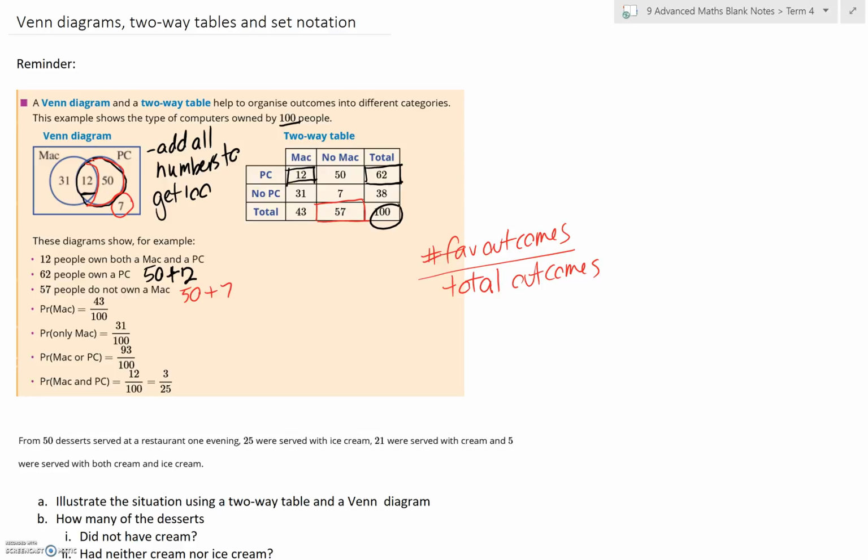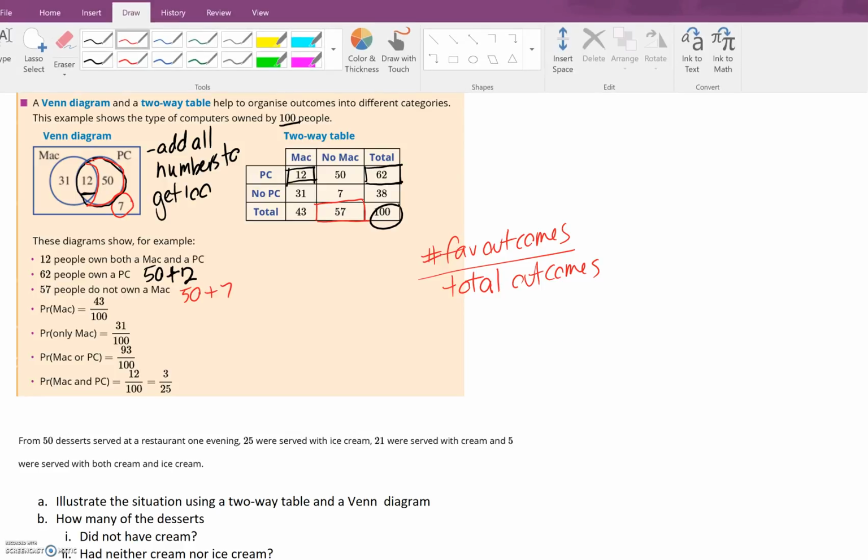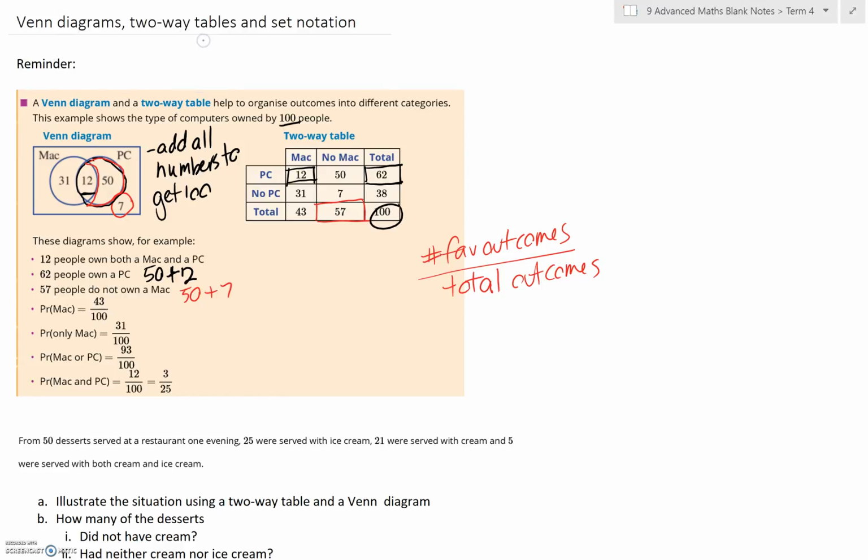I'm just going to change my color pen one more time. Green this time. 43 people that own a Mac, and that's found by all of the people in the Mac circle. So 31 plus 12 is 43. Or again, we can go straight to the Mac column. So 43 people who own a Mac out of 100 people in total that the information's come from.